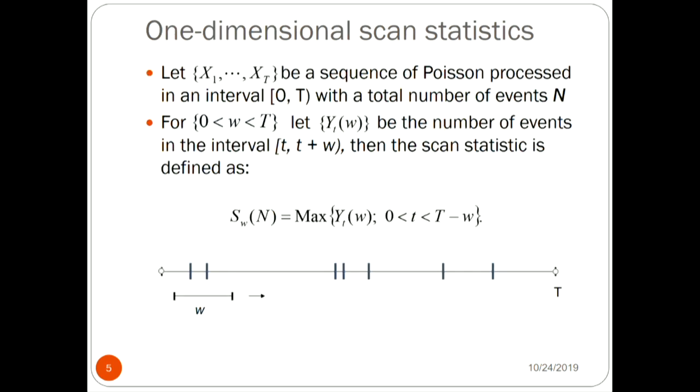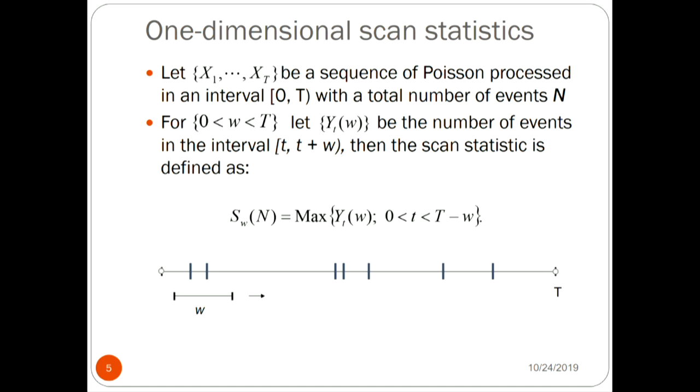Here is the introduction of the scan statistic. We begin with the one-dimensional case. Let 0 to t be a time interval, for example, from time 0 up to time t, a continuous time interval.